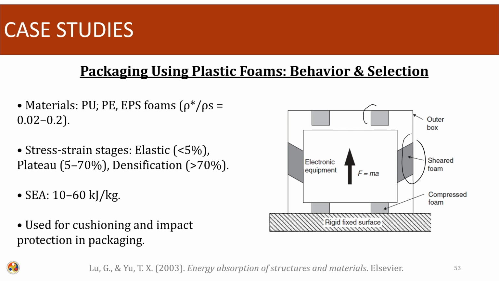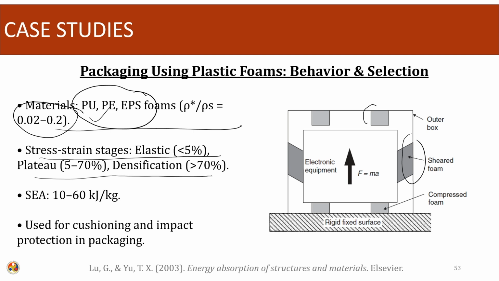Normally PU, PE or EPS foams are used. Different types of foams are used, and they have a relative density in the range of 0.02 to 0.2. In the stress strain curve, the elastic range is less than 5% and the plateau is around 5 to 70%.